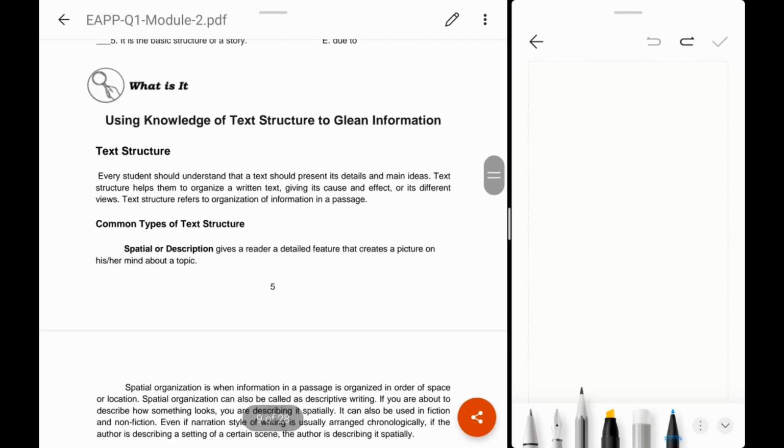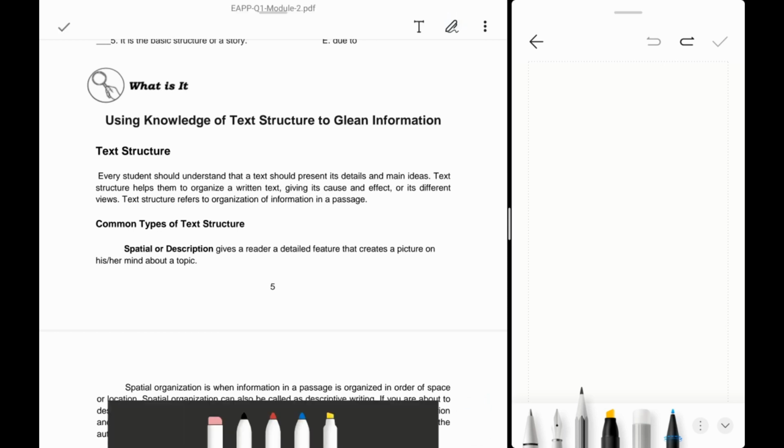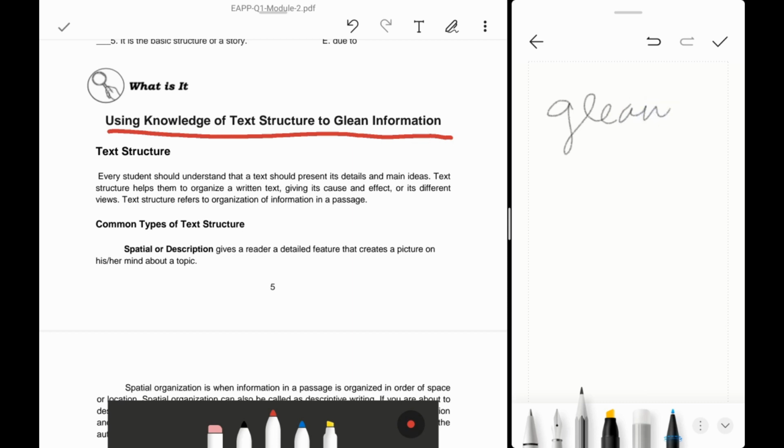Now, let's talk about "What Is It." What is our lesson for this day? In this lesson, guys, we'll be talking about using knowledge of text structure to glean information. To those who are not aware, the meaning of the word glean is identify or simply understand.